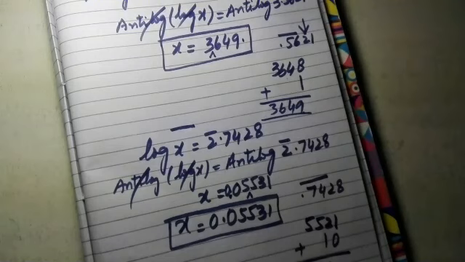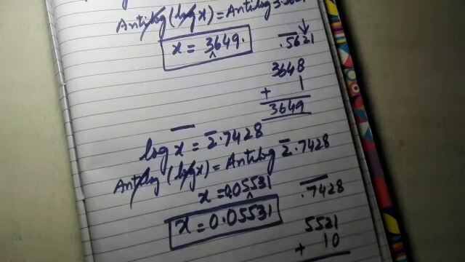So students, I hope that you will be able to understand how to find anti-logarithms. I have explained 4 examples to explain how we can calculate anti-logarithm. Actually, this is, I should say, a maximum 2-line procedure by using anti-logarithm tables.